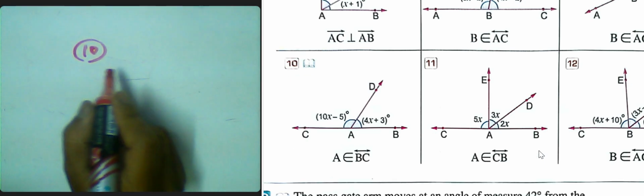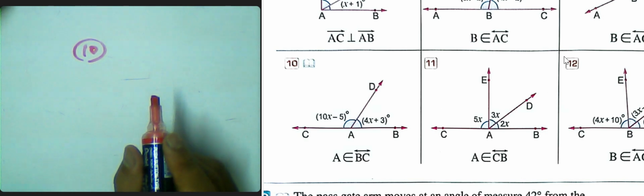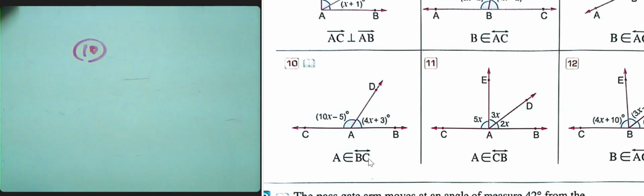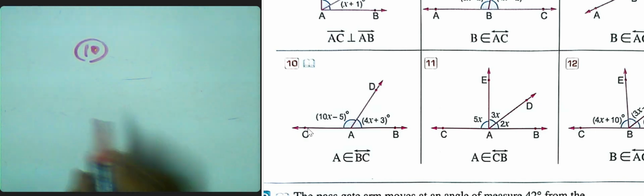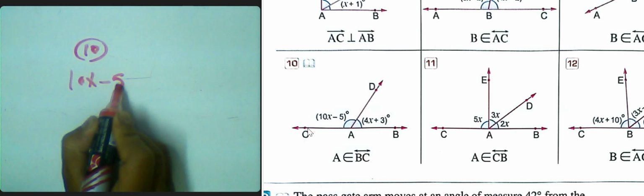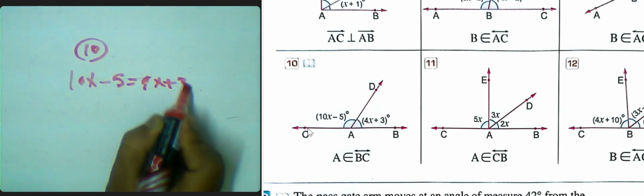Next question. Question number 10. We have here a straight angle because it equals a straight line BC, then the sum of two angles here will be 180. So you can write 10x subtract 5 equals 4x plus 3.